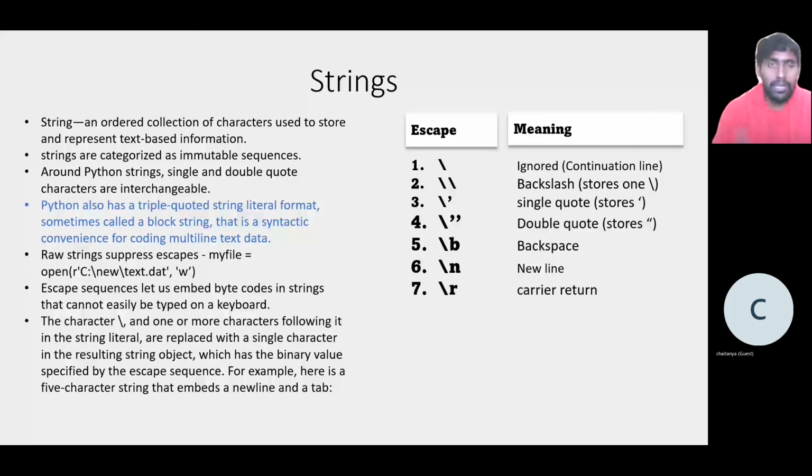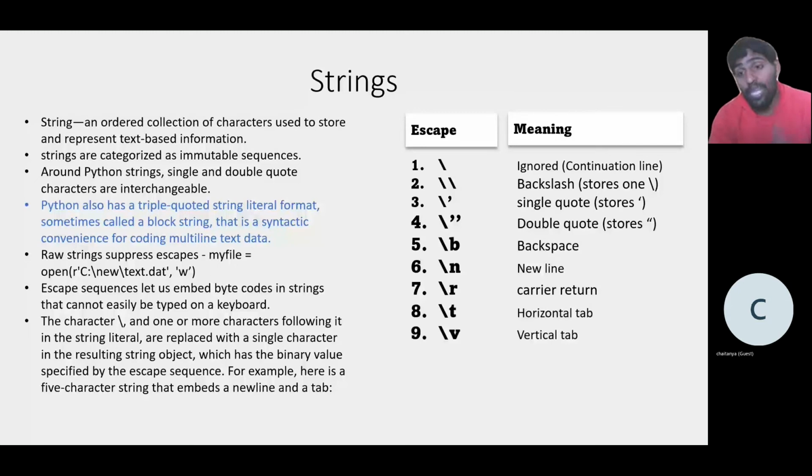For carriage return, Chaitanya \r Kakinada, when you execute it, you will get only Kakinada. And horizontal tab will make a tab space, and vertical tab will give you a vertical tab space. So these are all about escape sequences.